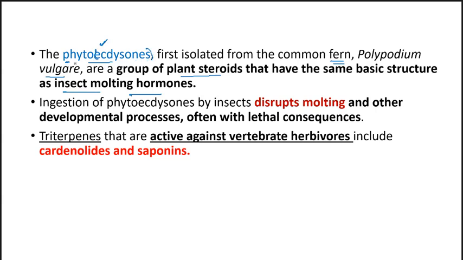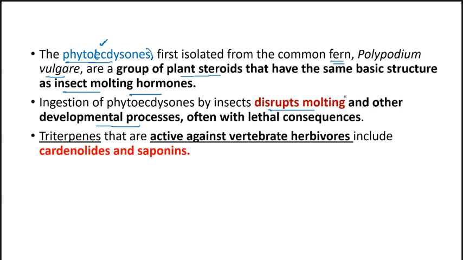Phyto means produced by plants. So when phytoecdysones enter an insect's body, they disrupt the molting ability and other developmental processes, which often leads to lethal consequences.